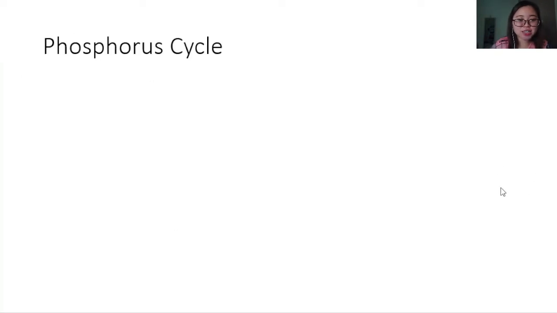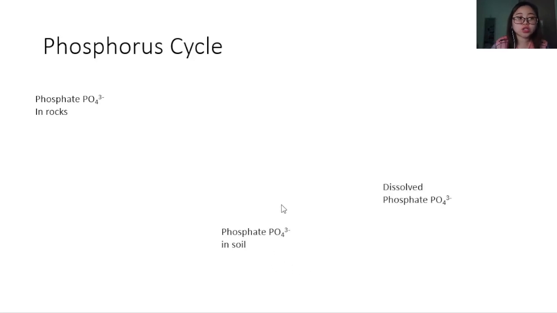In this next slide, we will learn about the cycle and first and foremost about its components. The first component, abiotic, it is the phosphate or PO4 3 negative that is found in rocks. So this is phosphate. The second is also phosphate, but this is phosphate that is found in the soil and also dissolved phosphate in the water.